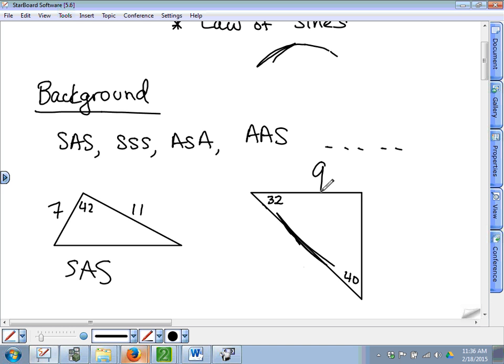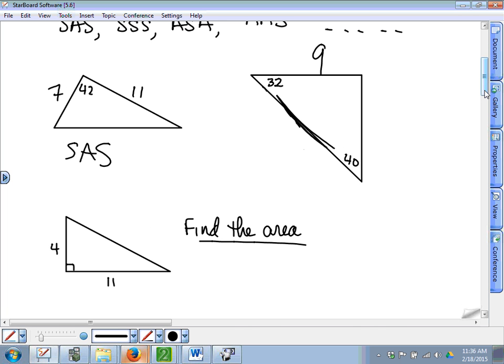This is another review question, or at least I hope this is review. It should be. Try that problem.